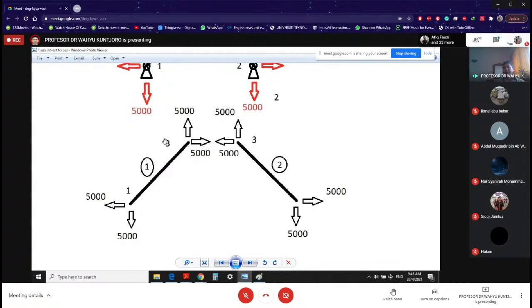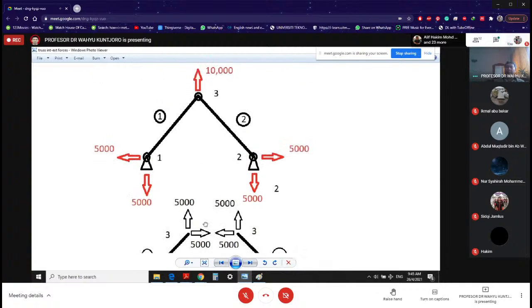That means at node number 3, they cancel each other in the x direction, 0 in x, and 10,000 in y. That's what you have. By doing that, I hope I have related the internal to external forces, just like what we did with our bar structure last week.